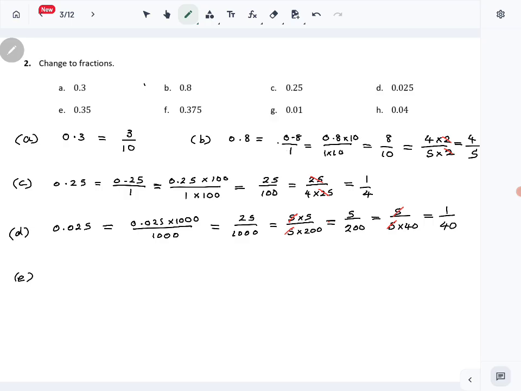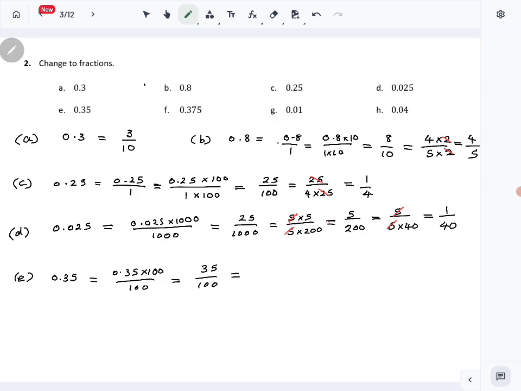Then let's look at the next one. Same thing, 0.35. How many decimal places? 2, no? So then you have to multiply both the numerator and the denominator by how many? 100. 0.35 times 100 over 100. So 35 over 100.